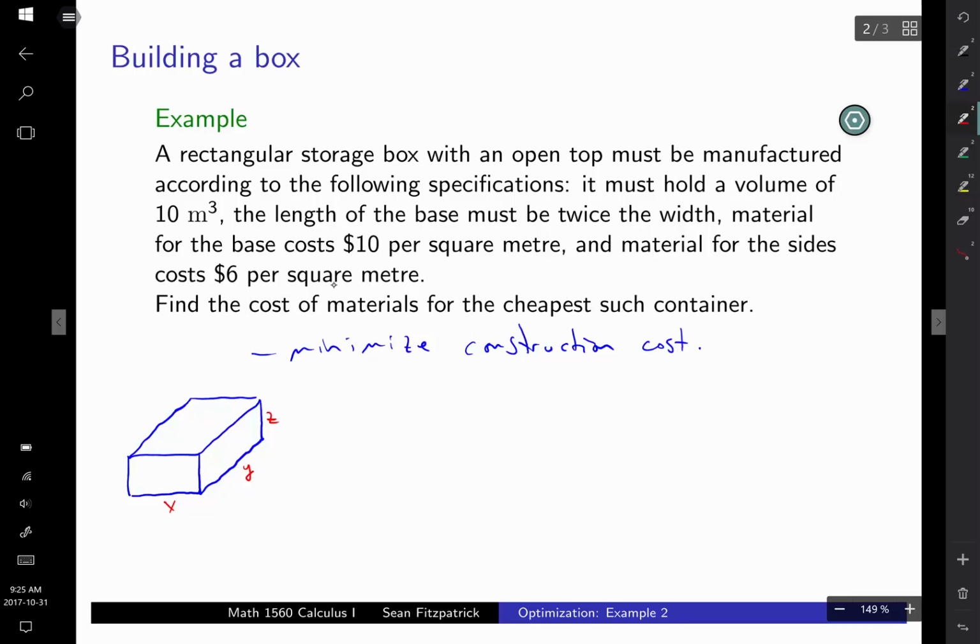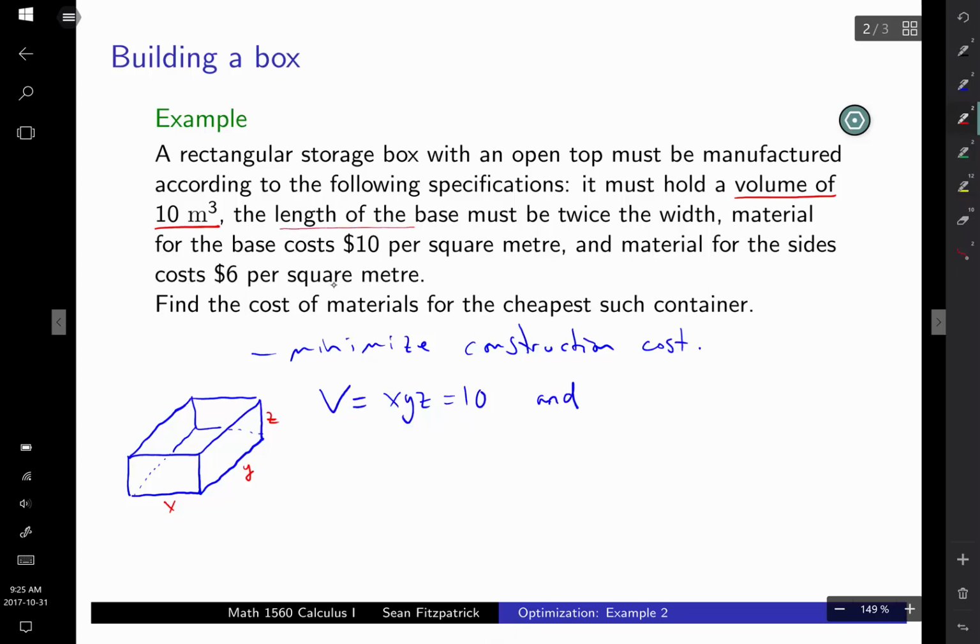Well, here's our first constraint: volume of 10 cubic meters. Okay, so that first constraint says that the volume of a box is just length times width times height, has to equal 10. And for the base, the length of the base must be twice the width, right?